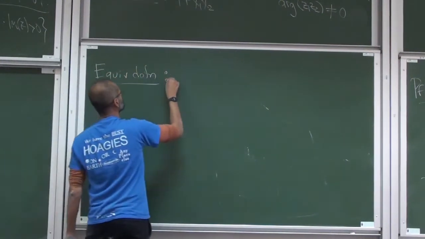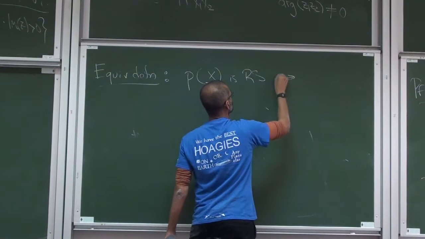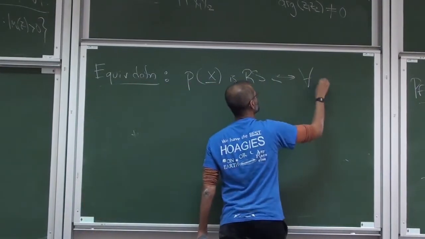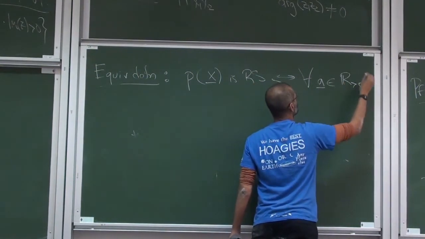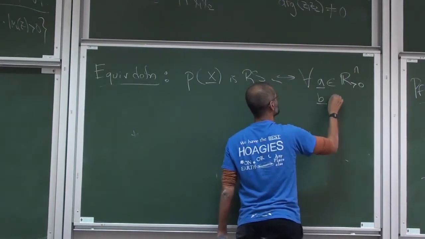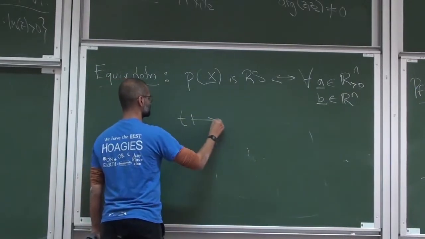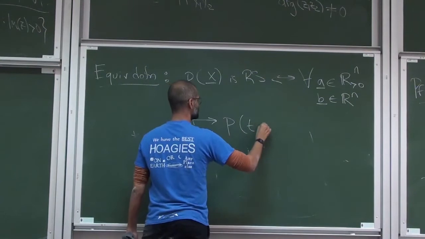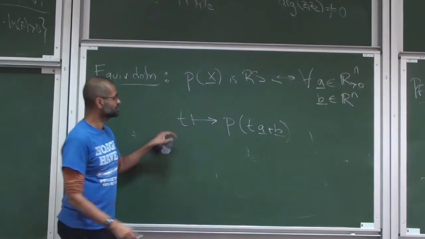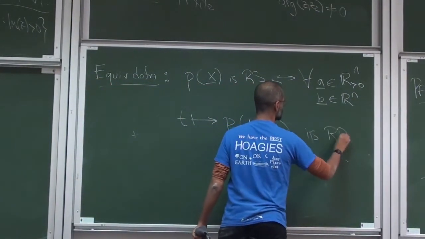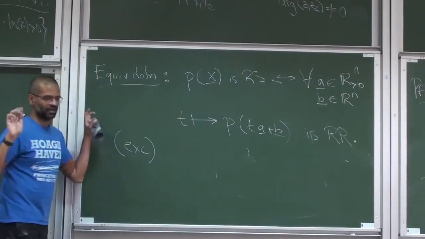It says a polynomial p in some vector variables x is real stable if and only if, for every vector A in the strictly positive orthant, and for every vector B just in Rn, this restriction, so t goes to P of tA plus B. So this is a univariate polynomial, right? In one variable t. This has only real roots. Okay. So the equivalence will be an exercise maybe during the class tomorrow.